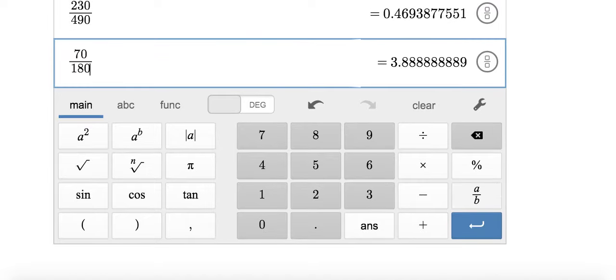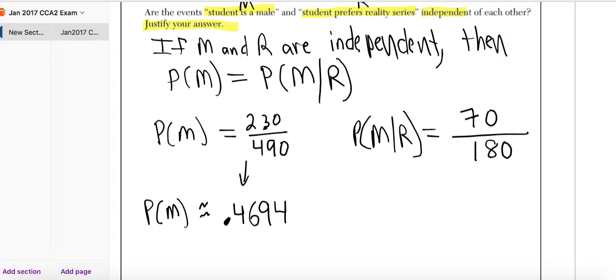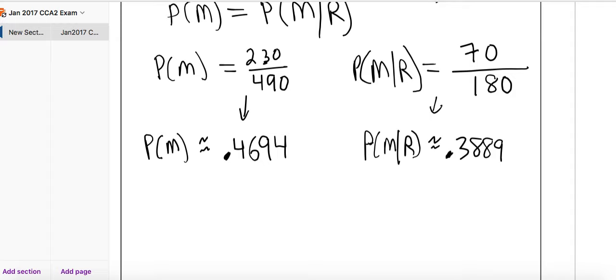And you could have simplified those as 23 over 49 and 7 over 18. It's about 0.3889, keeping the same number of decimal places. The probability of M given R is about 0.3889. So these are clearly not equal, right?